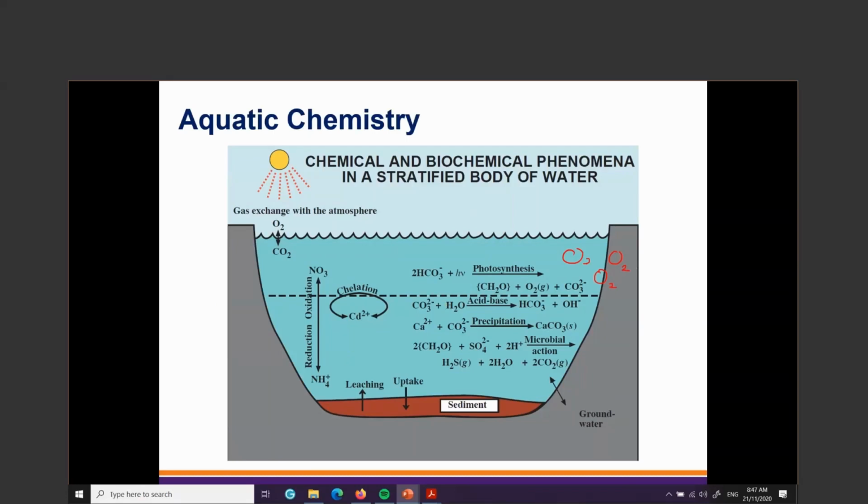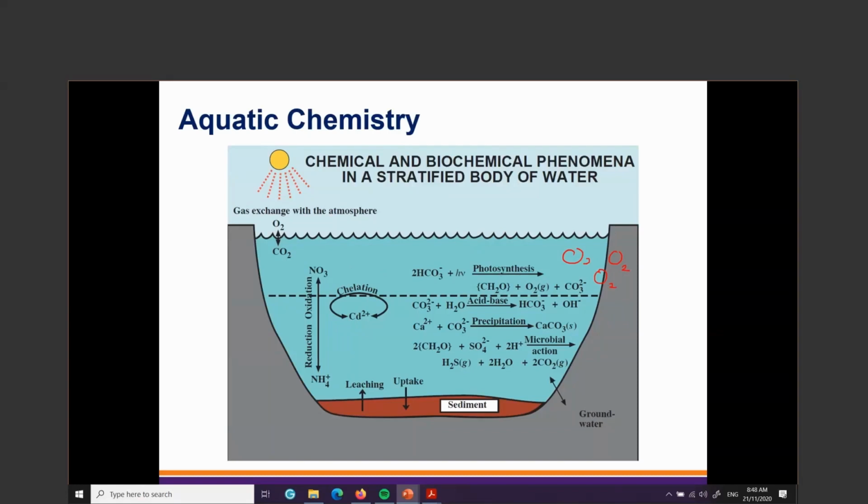This layer is much cooler as compared to the upper layer, because the upper layer is near the irradiation of the sun, and also near the gases. So you have a lot of oxygen near the surface, where the reactions that can occur are such as photosynthesis.